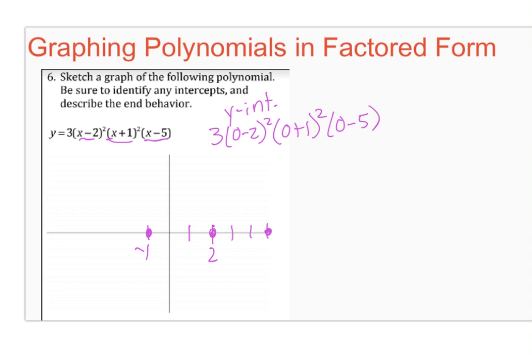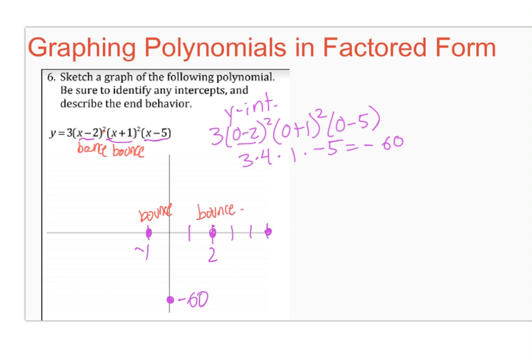That's going to be 4, so 3 times 4 times 1 times negative 5 is going to be negative 60. And then I've got to look at my powers here. Whenever we have a second power, that's going to be a bounce. So we've got a bounce at negative 1 and a bounce at 2.